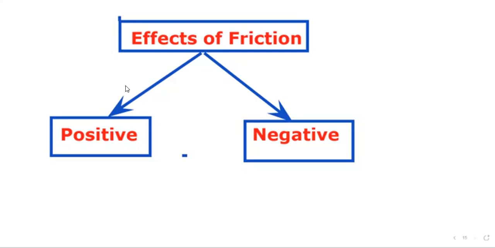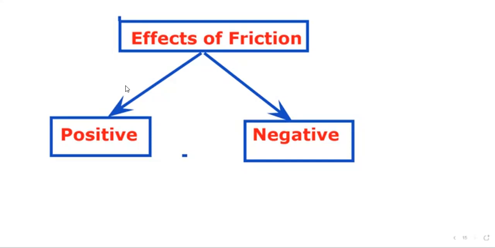In order to reduce its negative impact, because due to friction there is a huge amount of loss of energy, in order to save the energy we need to reduce the negativity of friction. For that, there are a lot of options which we can use to decrease it.